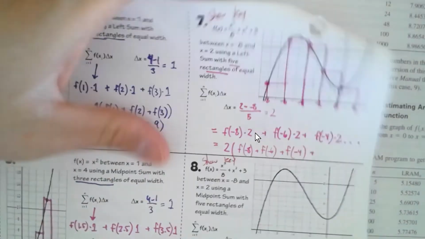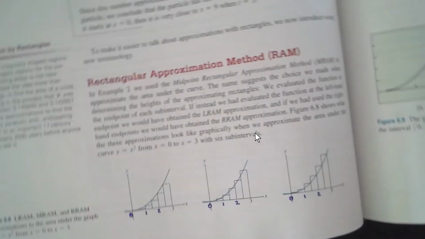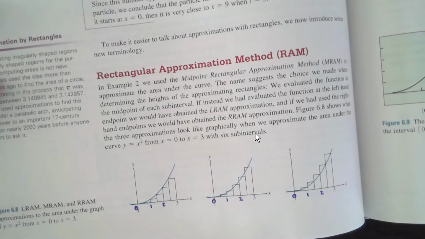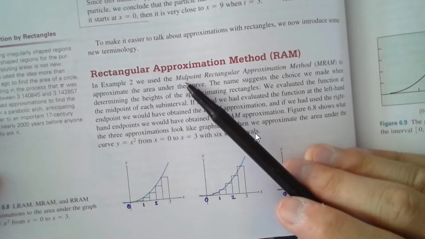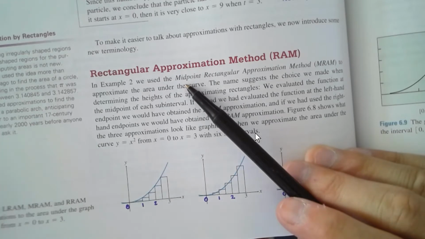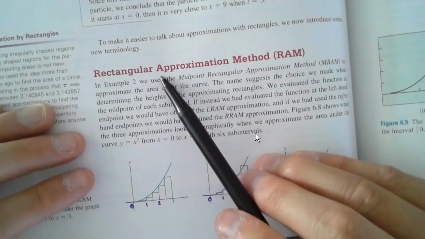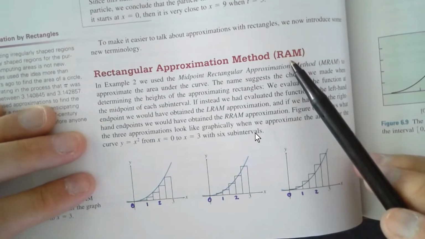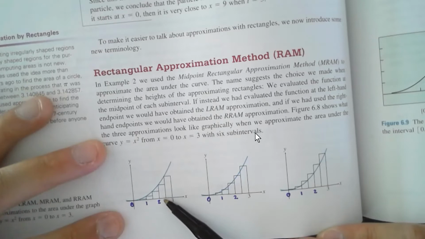Well, if you go back to your book now, you're going to see that they don't call this method Riemann sums, I think in the beginning at least. They call this the rectangular approximation method, or RAM as they call it. So they have the left RAM, like LRAM.